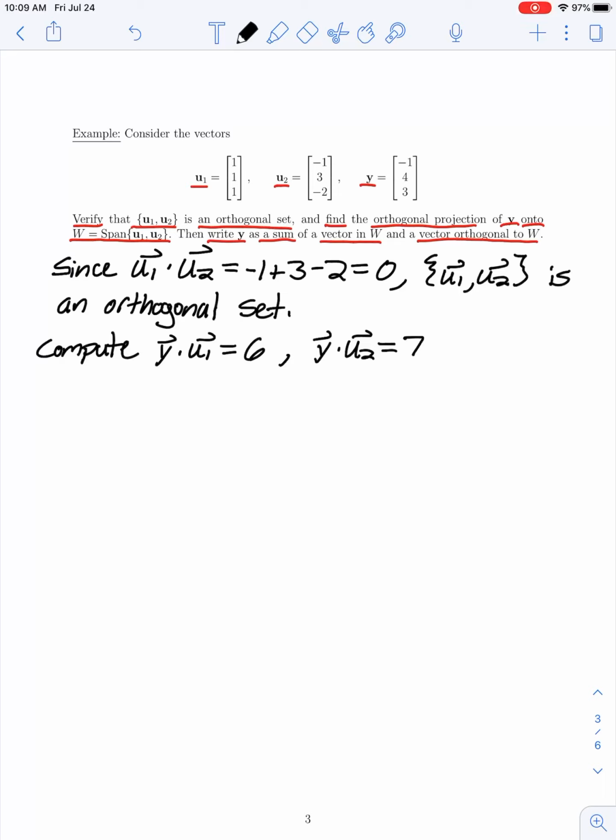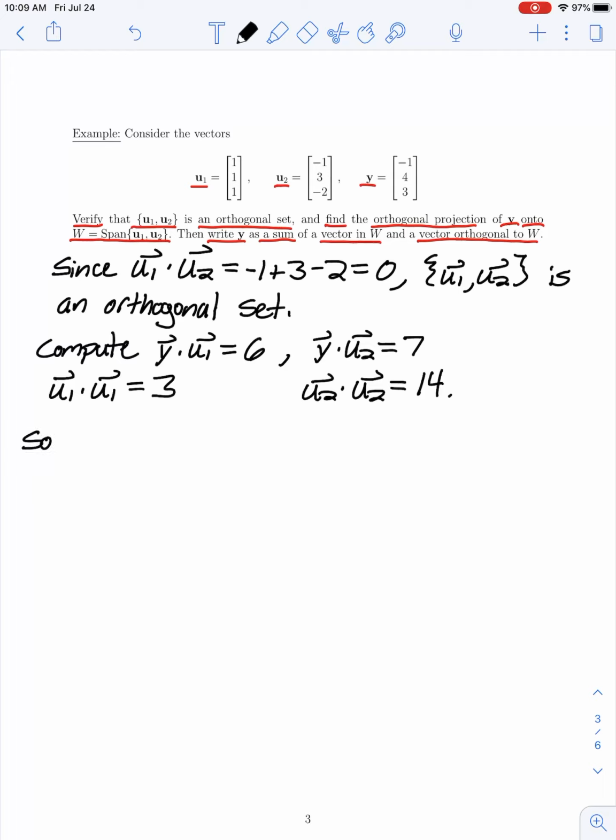So that leaves us with a value of 7. And then the dot product of u1 with itself would be 1 plus 1 plus 1, or 3, and the dot product of u2 with itself is equal to 1 plus 9 plus 4, so 14.